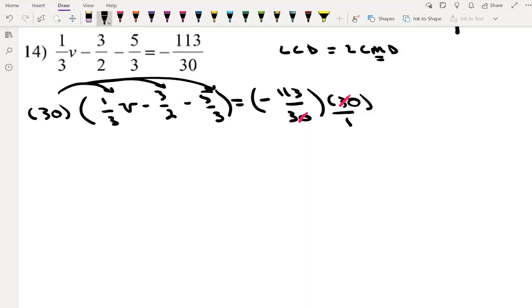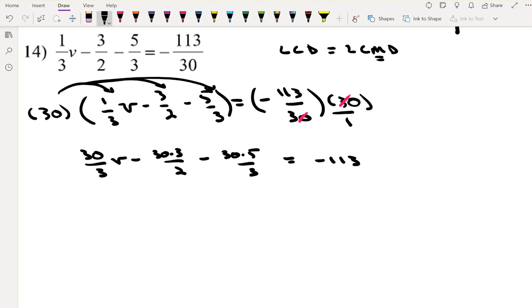And I'll write out the steps the first time just so you see it all. You really get 30 over 3 times v minus 30 times 3 over 2 minus 30 times 5 over 3 is equal to negative 113, if you will.